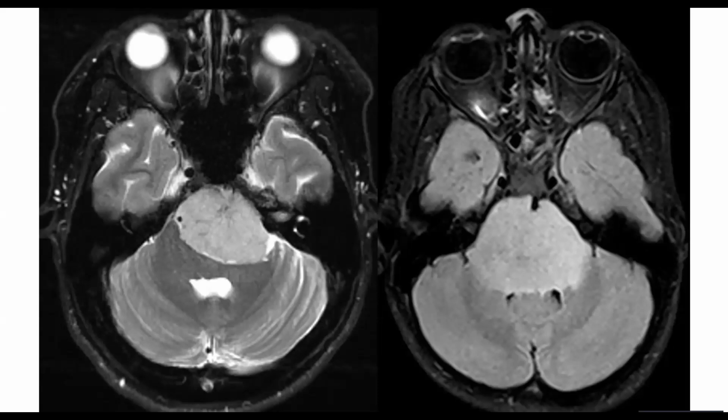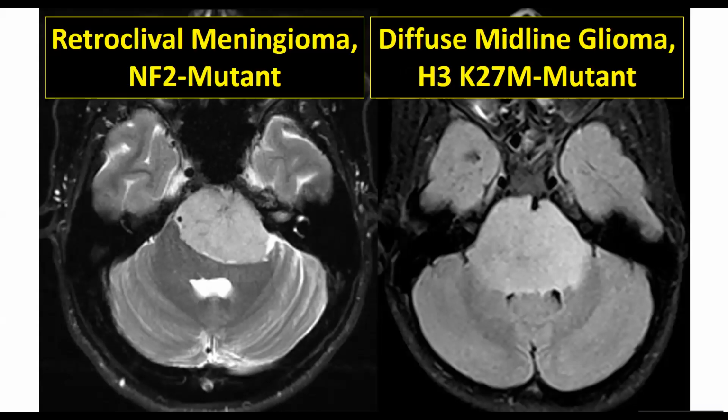I was really hoping someone would think this is this, yeah? And if it had been the tumor on the right, what would have been the answer to the question of what's the most common signature? The answer would have been H3K27M mutant. So this is a comparison of a large retroclival meningioma about the size of the normal pons, all right?